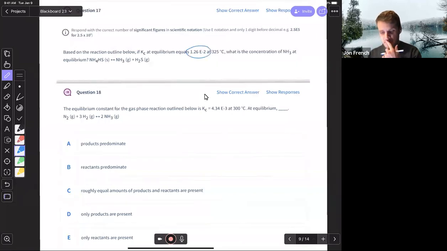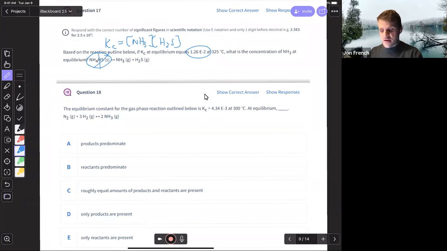What's the concentration of ammonia? So my equilibrium expression first is where I would start. My equilibrium expression is going to equal the concentration of ammonia times the concentration of hydrogen sulfide, because this is a solid. So we can ignore that from the equilibrium. And that made our calculation a lot easier.